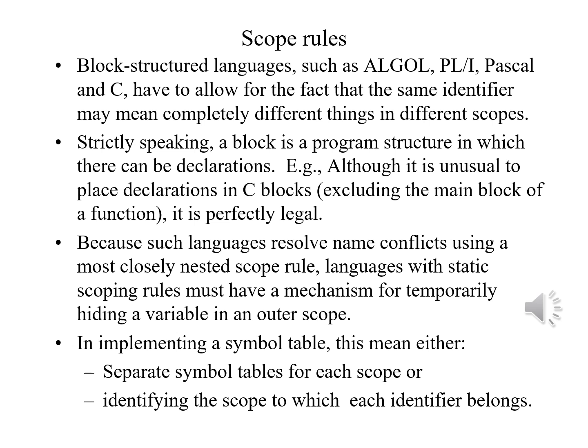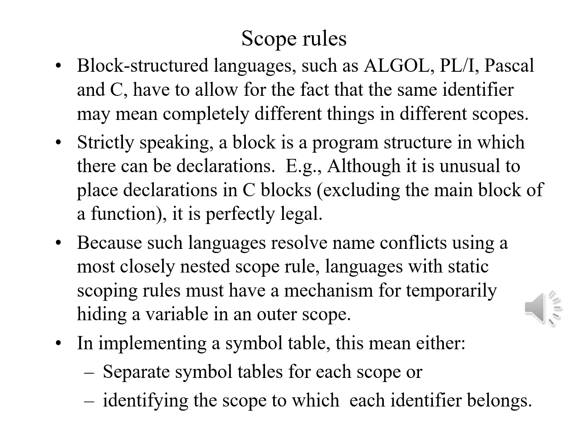For example, although it is unusual to place declarations in C blocks, excluding the main block of a function, it is perfectly legal. Because such languages resolve name conflicts using a most closely nested scope rule, languages with static scoping rules must have a mechanism for temporarily hiding a variable in an outer scope.